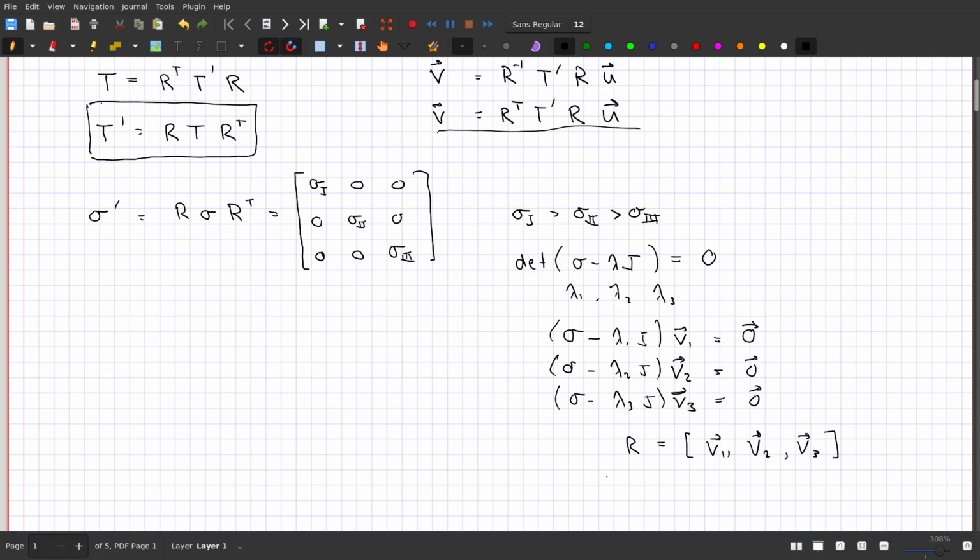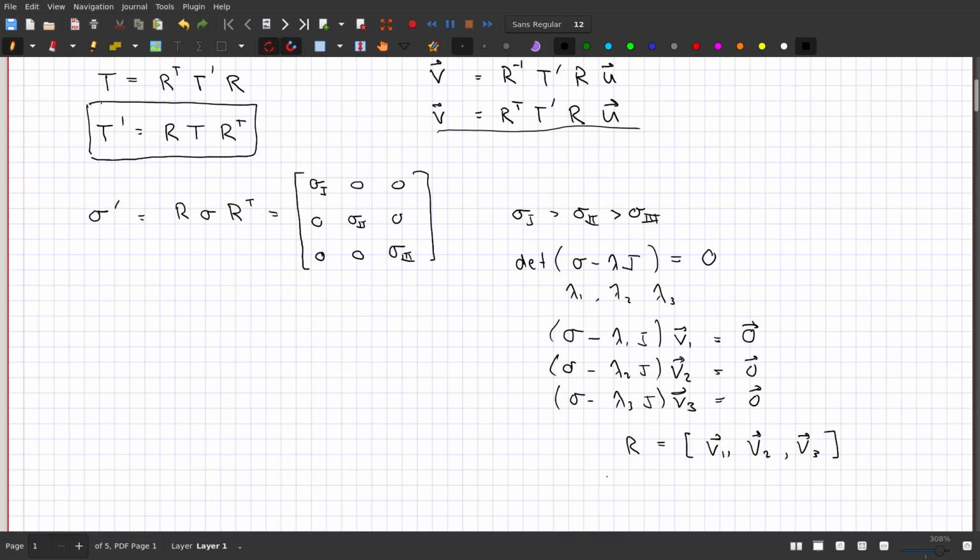So if you build your rotation matrix from the eigenvectors, by solving the eigenvalue problem, and then perform the rotation on the stress matrix, plug it into that formula where R sigma R transpose, then sigma prime will equal the eigenvalues on the diagonal like that. That's the way it'll come out. And while we're talking about this in the context of stress, it works for any matrix decomposition, right?